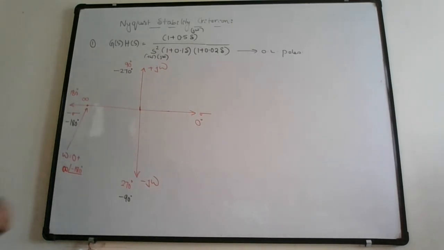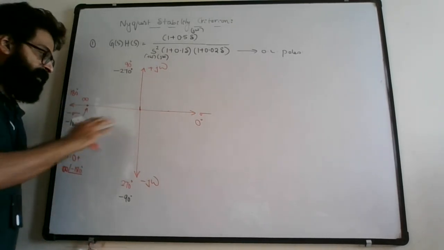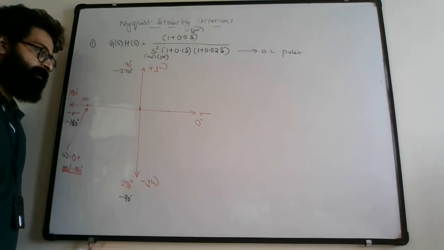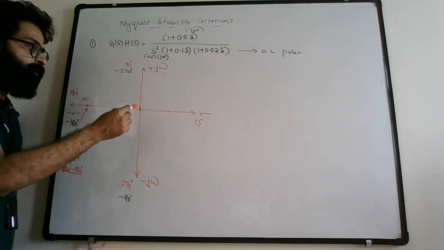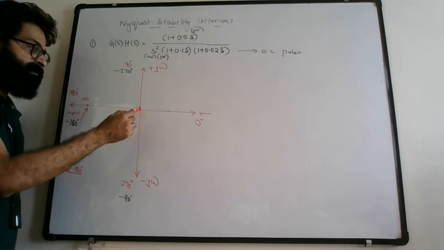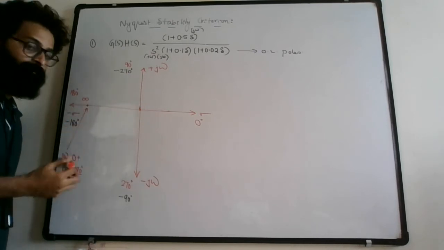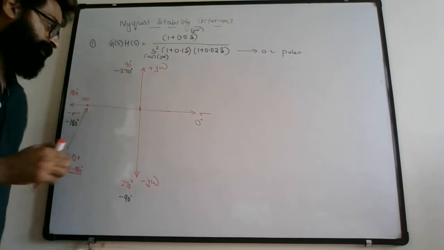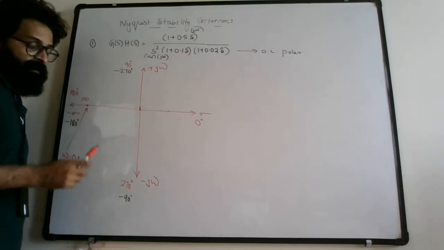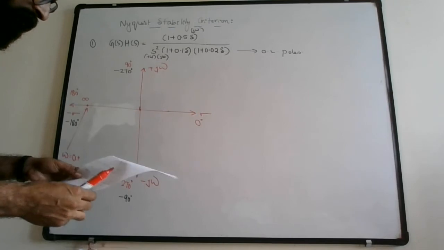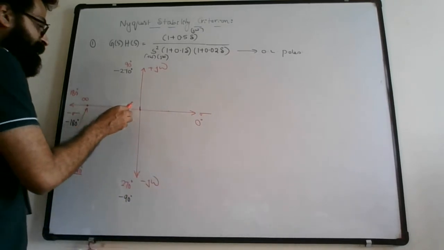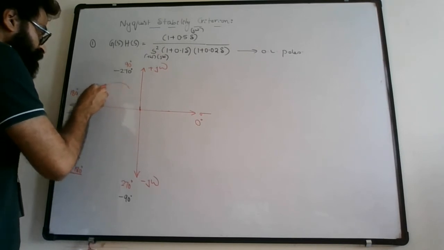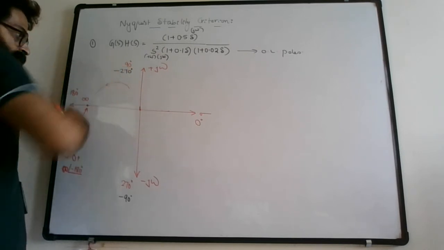Now, sketching we didn't do, we have just placed the points. How exactly the graph is going to approach from the starting point to the terminating point is the question. And what is the rotation? Rotation is 90 degrees anti-clockwise, something of this kind you should have.